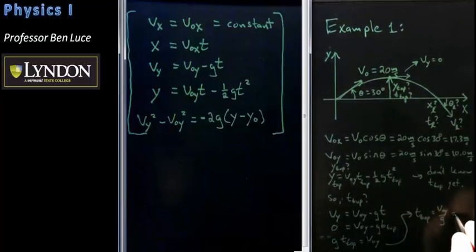So we can put in the numbers. We calculated that v naught y is 10 meters per second. And we'll divide by g, which we'll take as 9.8 meters per second squared. And we'll assume that this is good to at least 3 sig figs when we do our calculation here. So we need our calculator.